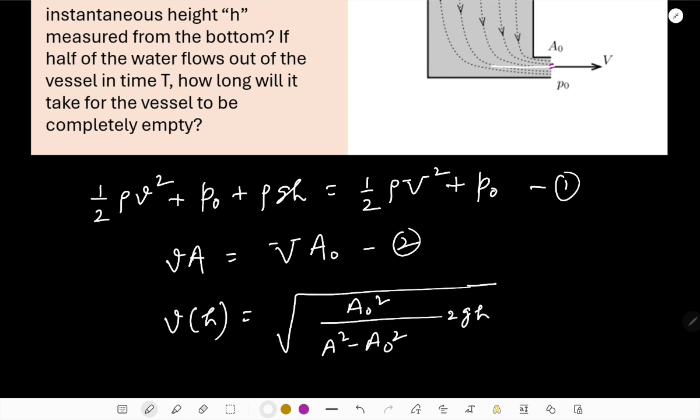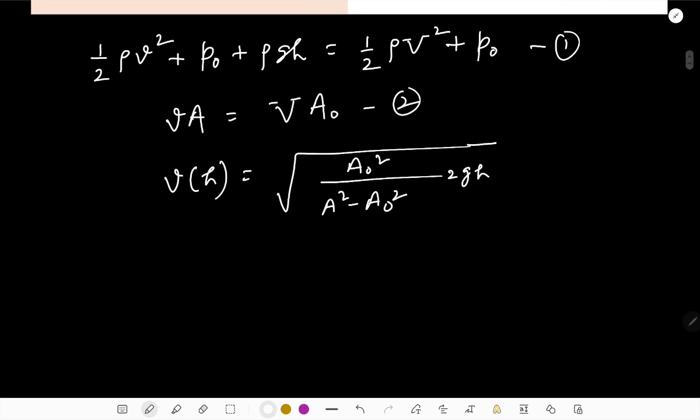Rho must be cancelled out, and I could write it like 2g dash h. So what do you think will be the value of g dash? G dash value is what?